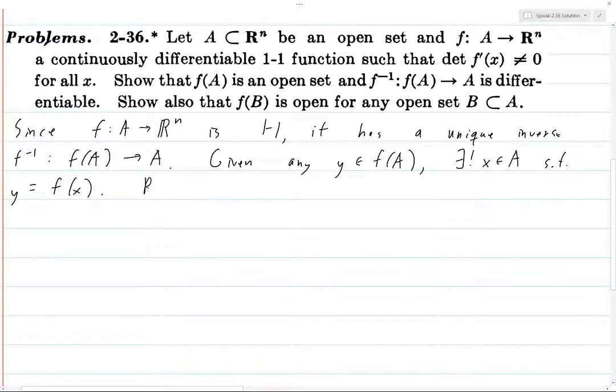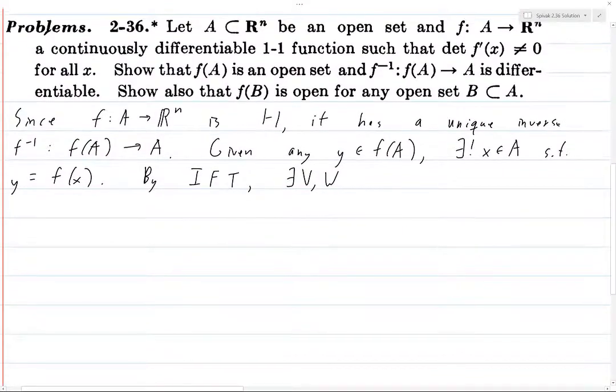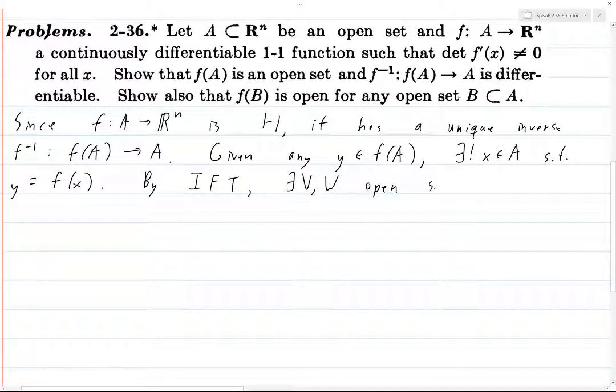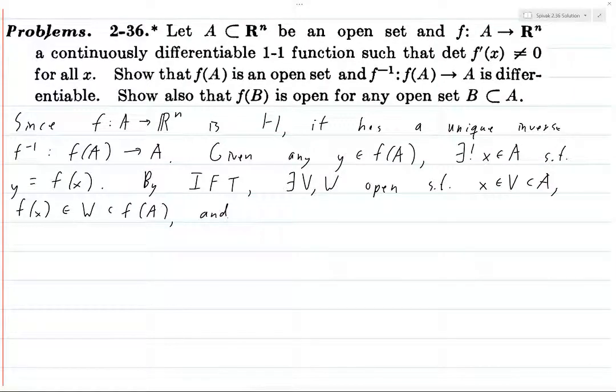Okay, so by the inverse function theorem, which is theorem 2-11, there exist sets V, W open such that x is going to be in V, which is a subset of A, and f of x is going to be in W, which is a subset of f of A. Now let's think about this.